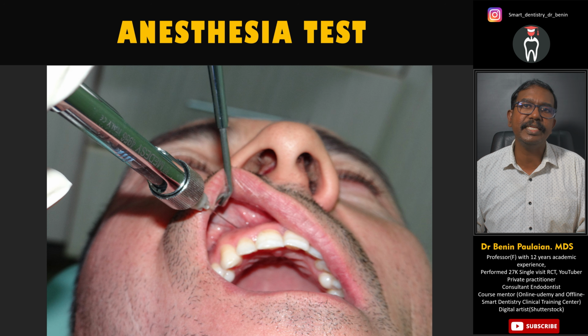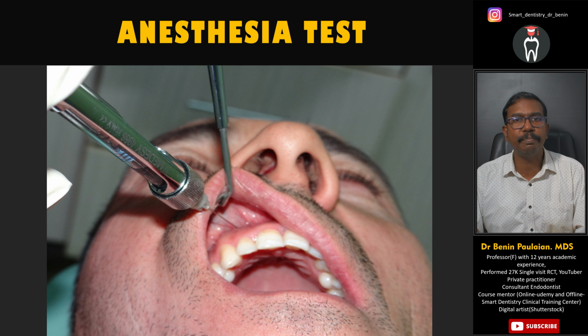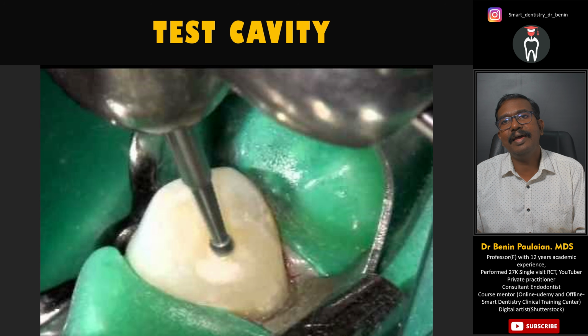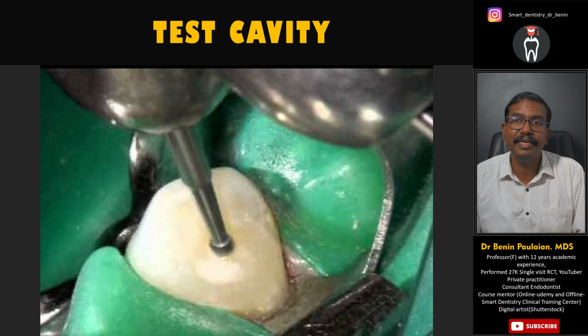Maybe academically it is quite important, but from a practical point of view, it cannot be considered a very reliable test. And the last test that we are going to see is the test cavity.